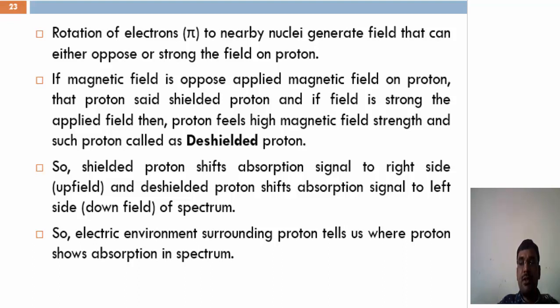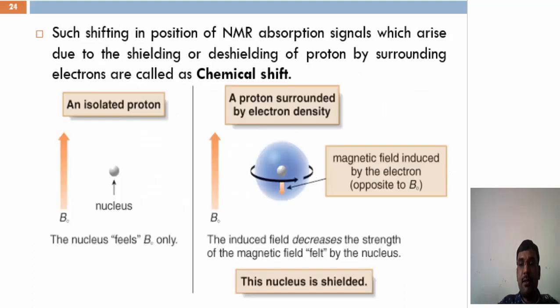So shielded protons shift the absorption signal to the right side, upfield, and deshielded protons shift the absorption signal to the left side, downfield of the spectrum. So the electronic environment surrounding the proton tells us where the protons show absorption in the spectrum.